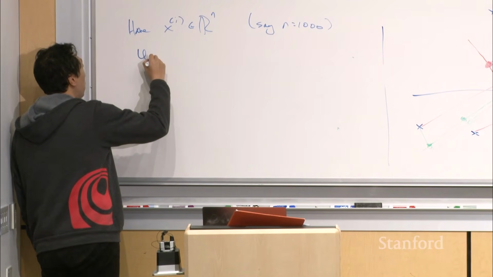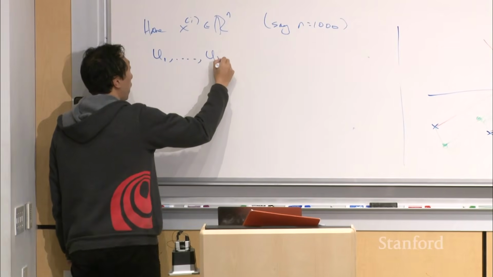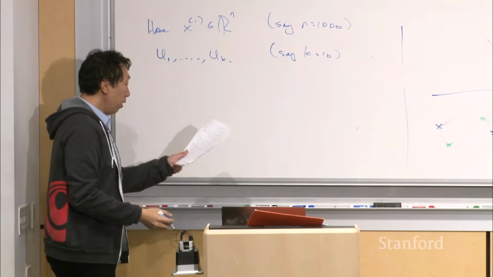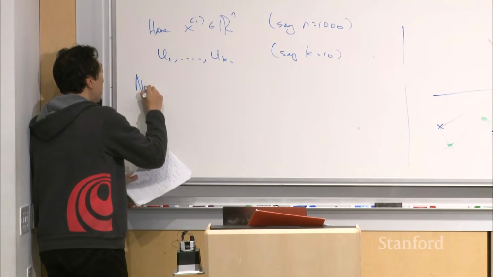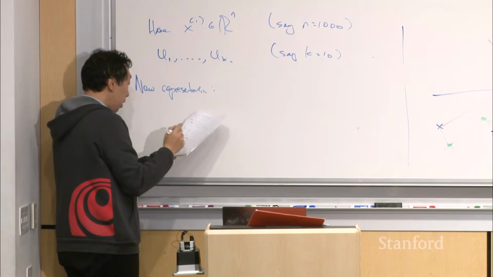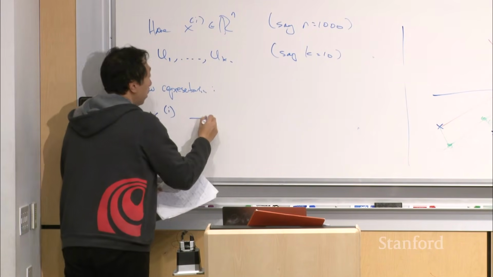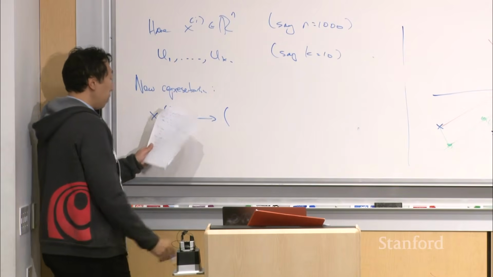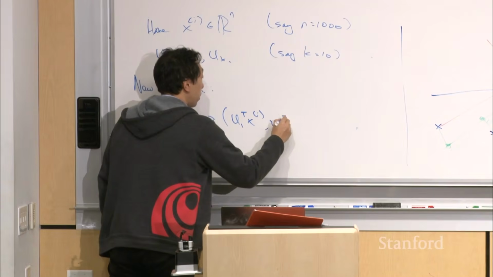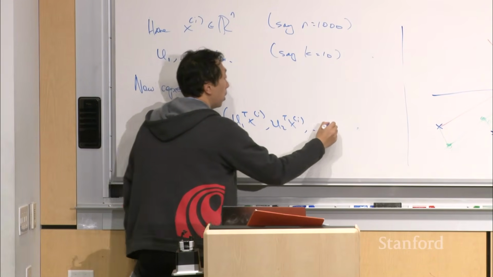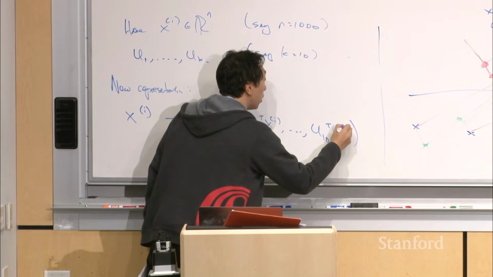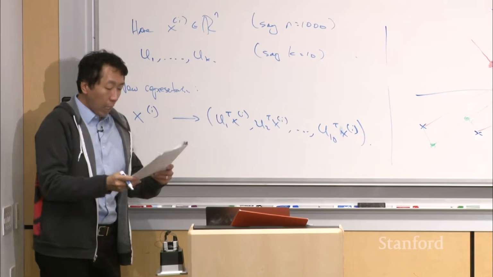Then you would compute u1 up to uk, say k equals 10, and then you would have a new representation of the data where instead of xi, you can now represent it using 10 numbers, which are given by u1 transpose xi, u2 transpose xi, up to u10 transpose xi.